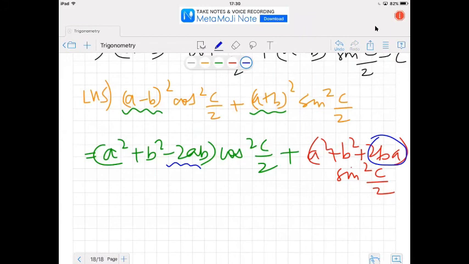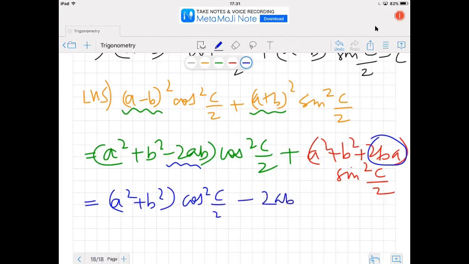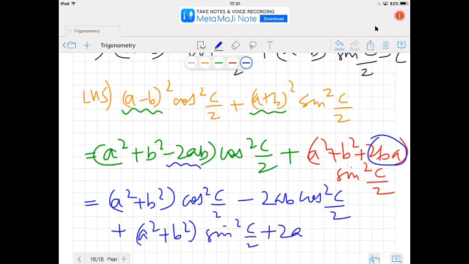I'm going to take this term outside. So I have a square plus b square multiplied by cos square c by 2 minus 2ab cos square c by 2. ठीक है, मैंने सिर्फ इस टर्म को साथ में बाहर लिया है, बाकी a square b square ऐसे ही रखा है, plus a square plus b square into sine square c by 2 plus 2ab into sine square c by 2.